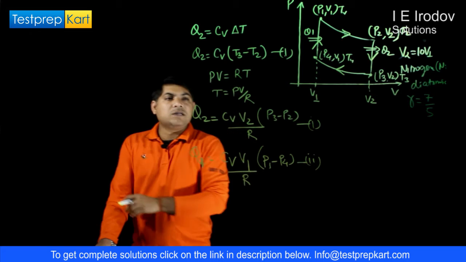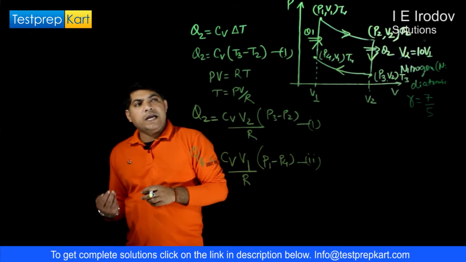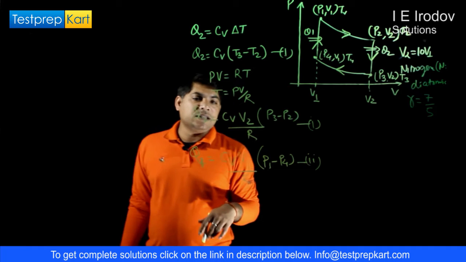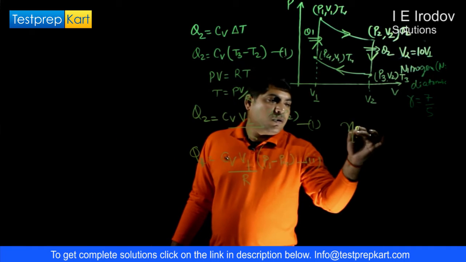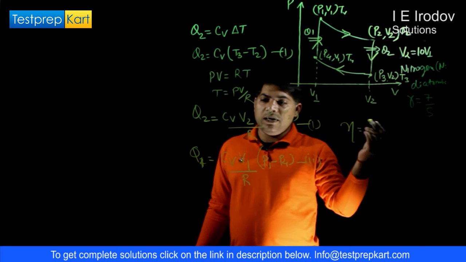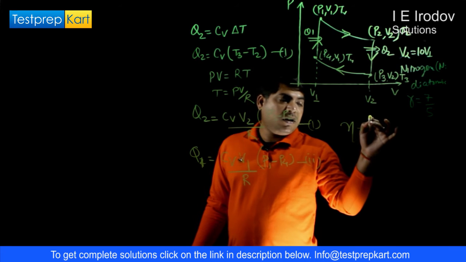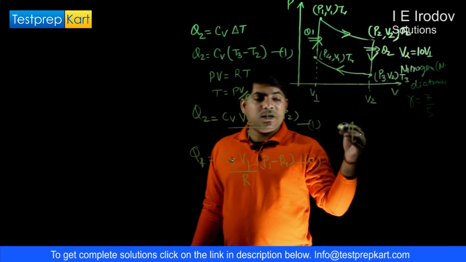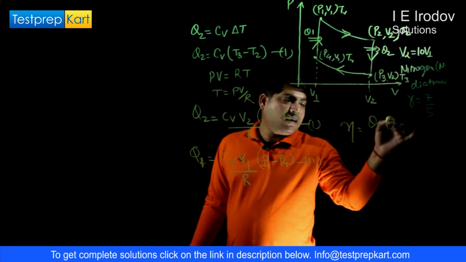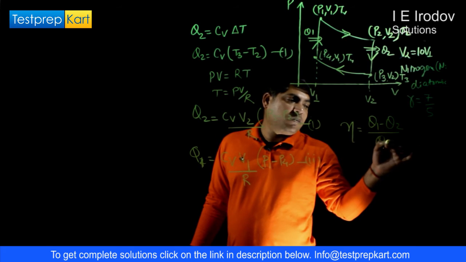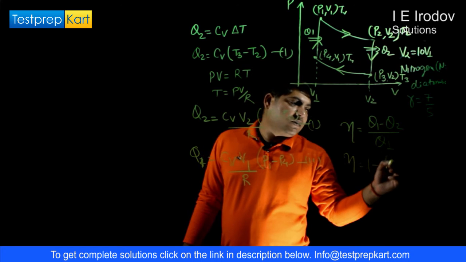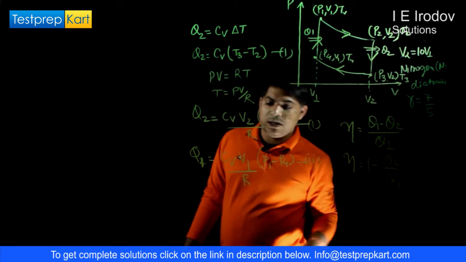Now if we calculate the efficiency of the system, efficiency is work done upon heat supplied. Work done is Q1 minus Q2 and heat supplied is Q1. So our efficiency is 1 minus Q2 over Q1.